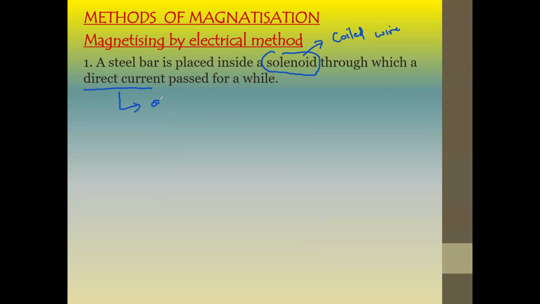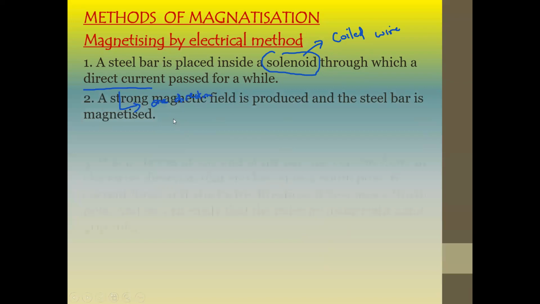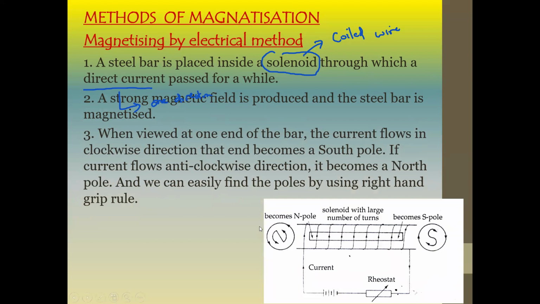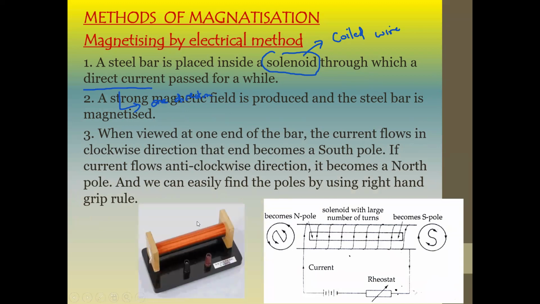It means the current which moves in only one direction. If the direction of the current changes, the direction of the magnetic field will also change. Cells or batteries provide DC, or direct current. So a strong magnetic field is produced, and the material will behave like a magnet.